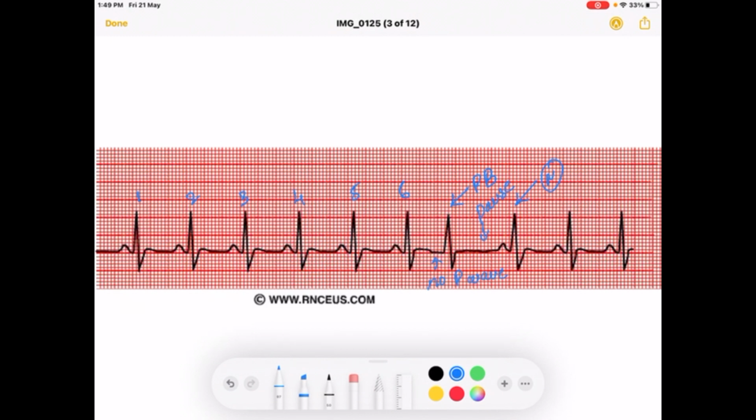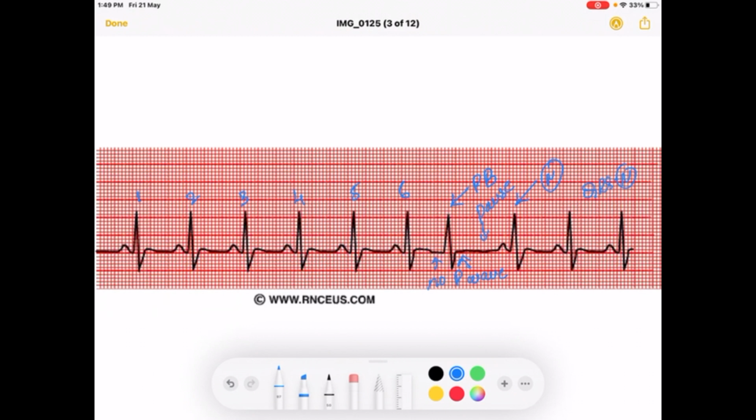So it cannot be an atrial premature beat, and it cannot be an upper nodal premature beat. It can be either a lower nodal premature beat or a ventricular premature beat. But if you see, the QRS complex is normal, and it is not wide and bizarre.